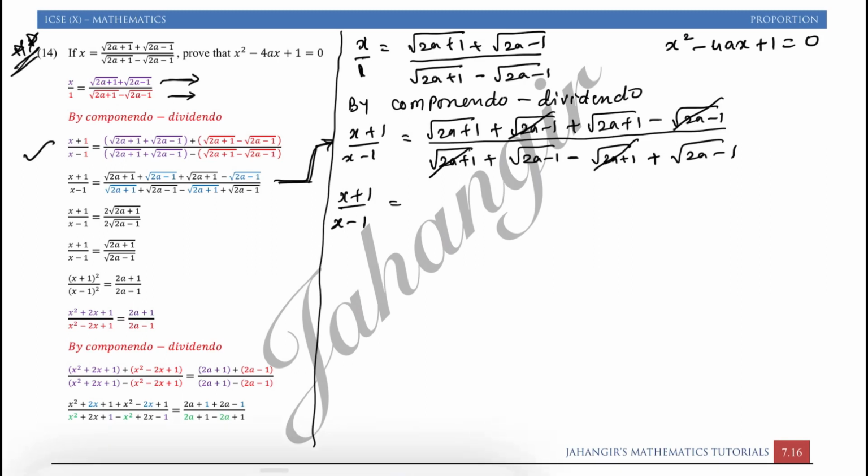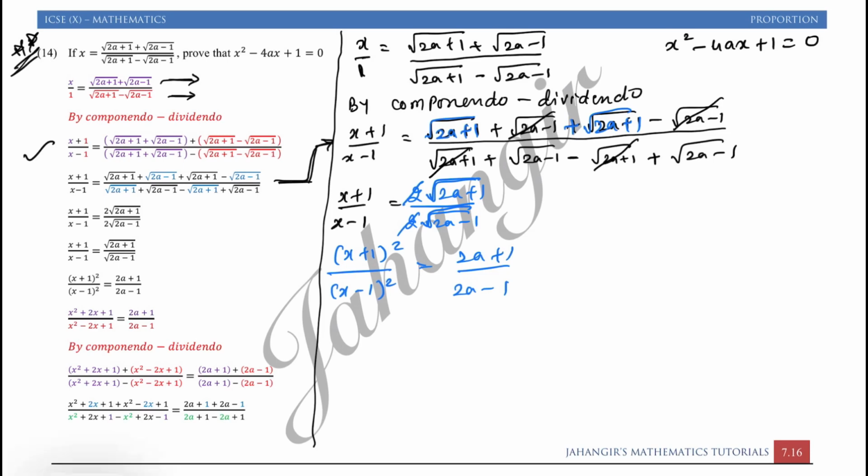We get root of 2a plus 1 plus root of 2a plus 1, that is 2 root of 2a plus 1, and in the denominator you will get 2 root of 2a minus 1, cancelling 2 and 2 and removing the square root by taking square on both sides. So I can write x plus 1 whole square upon x minus 1 whole square is equal to 2a plus 1 upon 2a minus 1.